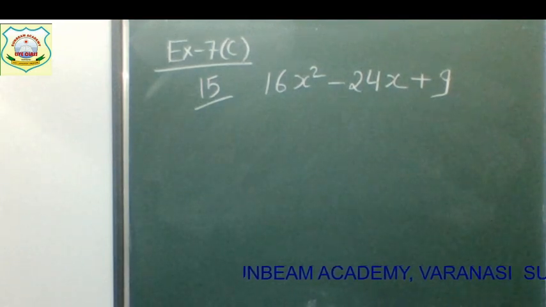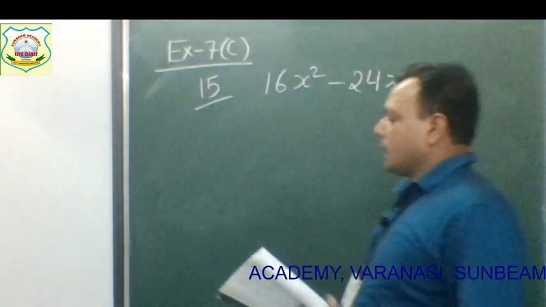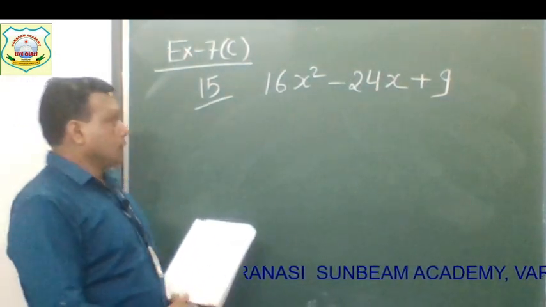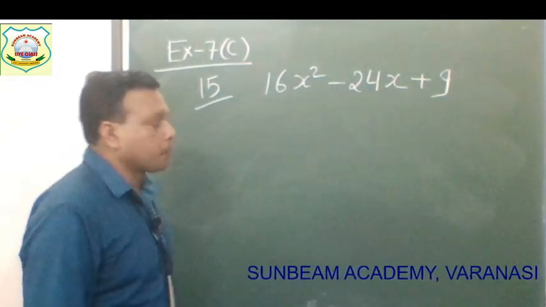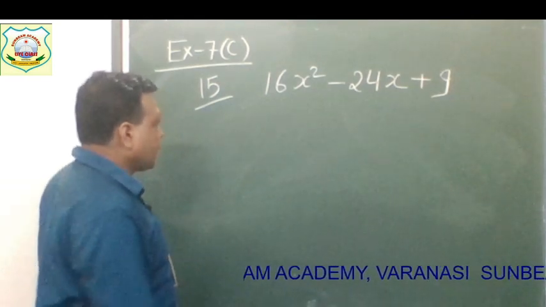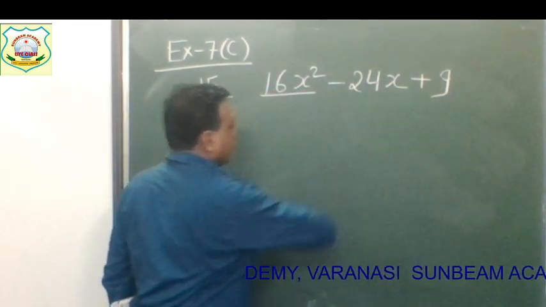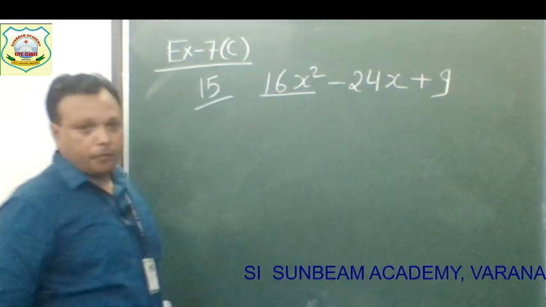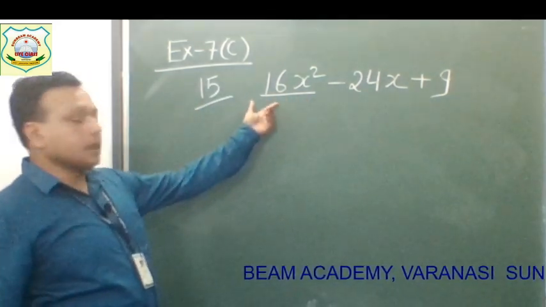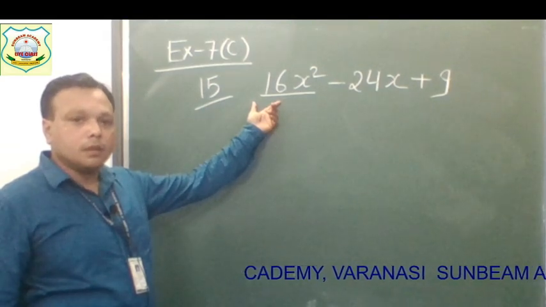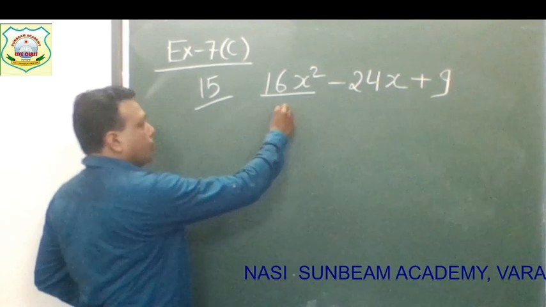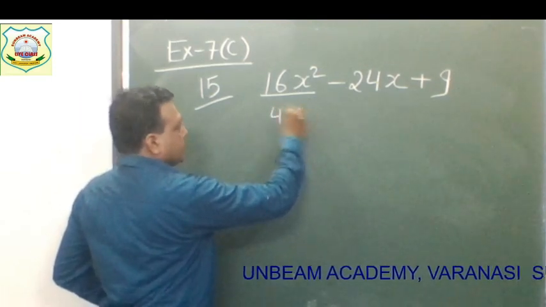We will identify the identities. What identities will we use? 16x square minus 24x plus 9. In 16x square, we can see x square is already given. 16 is the square of 4, so we write 4x whole square.